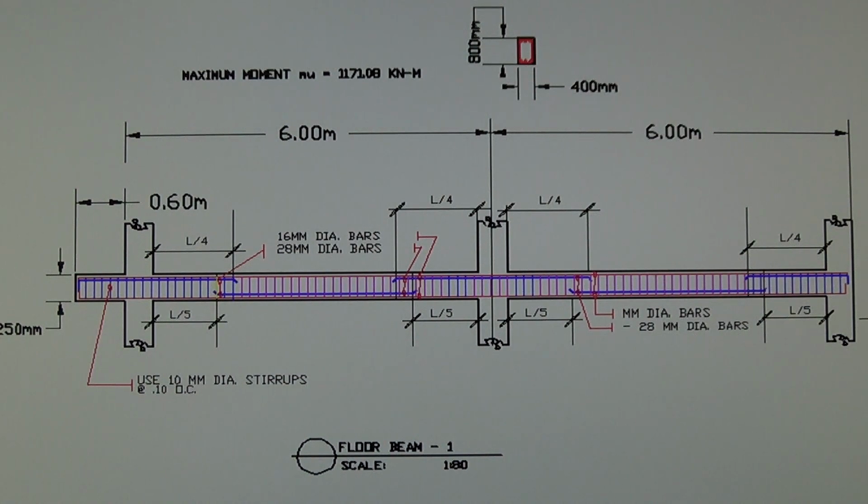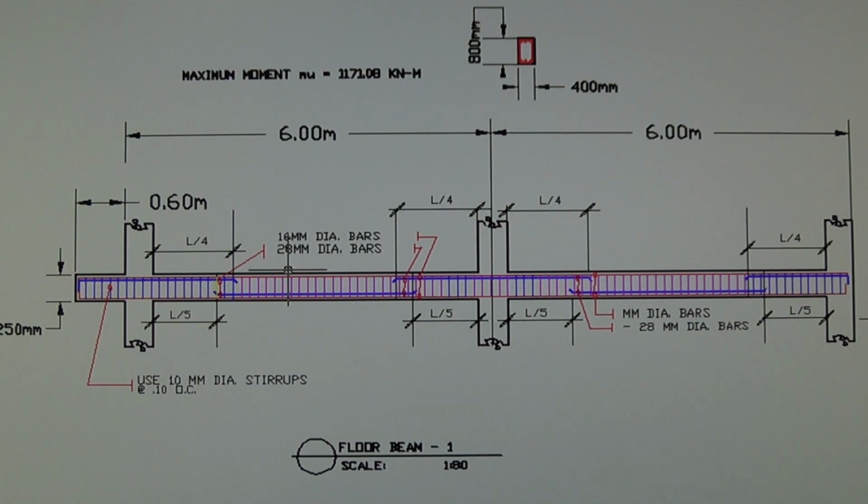So okay, now let's find out how many reinforcement bars we're going to use based on the maximum moment that we have here, 1171.08.